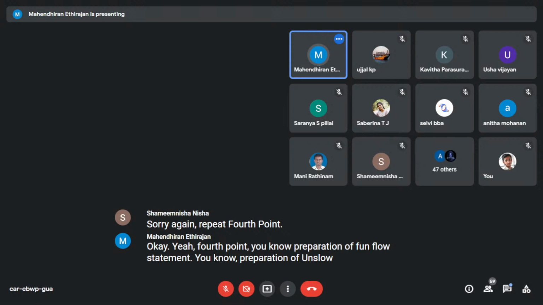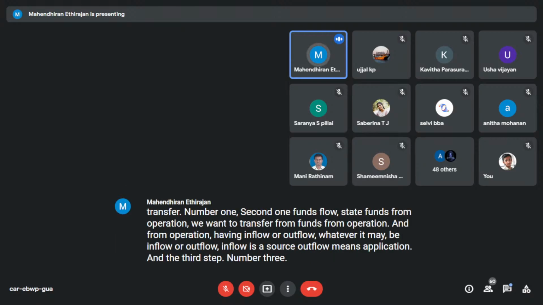Inflow is a source, outflow means application. And third, if any balancing figure is available in ledger, capital balance, transfer to the funds flow statement. These are the most important.